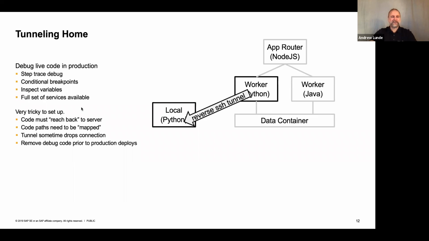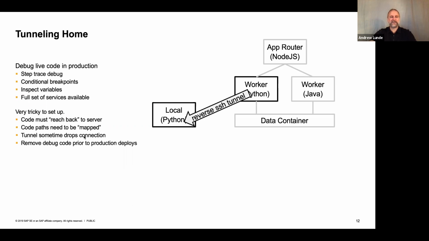But the downside is it's really tricky to set up. The code's got to be set up to kind of reach back to the server. So you need some code that you can execute that initiates this connection. The source code in both places has to completely match, and that's also really tricky. These things need to be mapped to each other such that when you're running source code and stepping through it on the server as it's deployed, it's got to see the same exact source code on your local machine so that it can present it graphically so you can see what's going on.